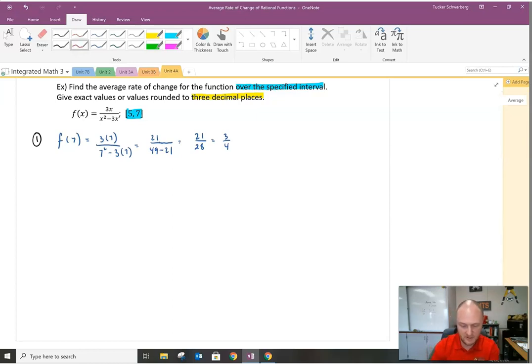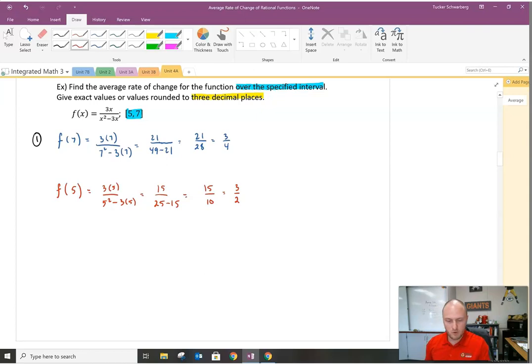Next, I need to know what f of 5 is. So I'm going to plug in 5. So 3 times 5 over 5 squared minus 3 times 5. So this is 15. I almost wrote 25. 15 over 25 minus 15, which is 15 over 10, which reduces to 3/2.